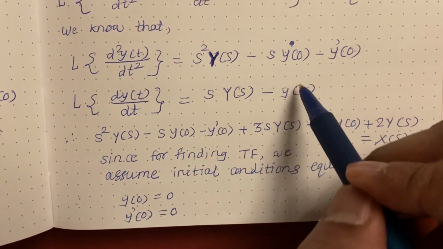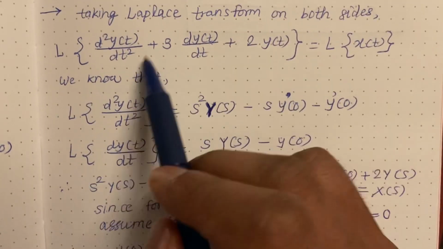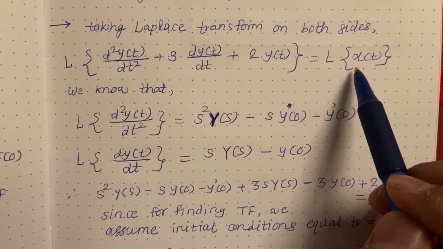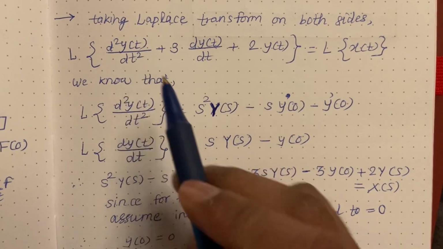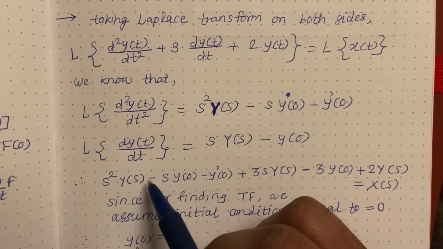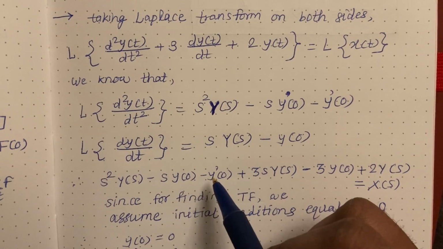So using these two expressions in this equation, for d2y of t by dt square we put s square y of s minus s into y of 0 minus y dash of 0.